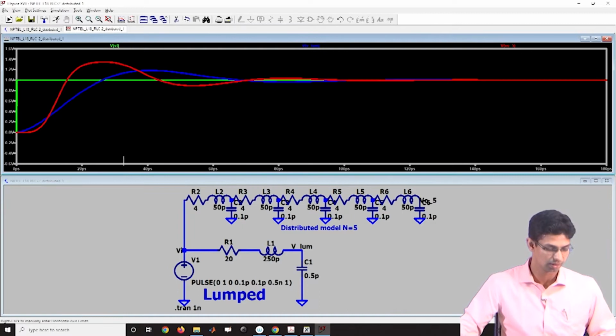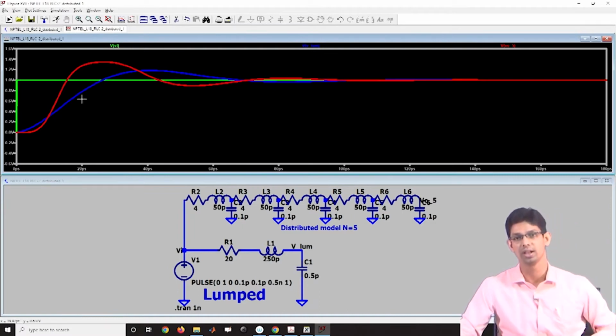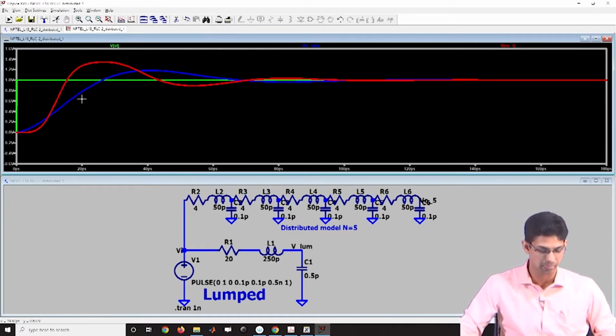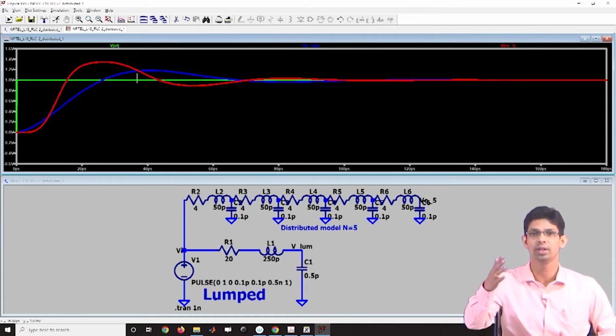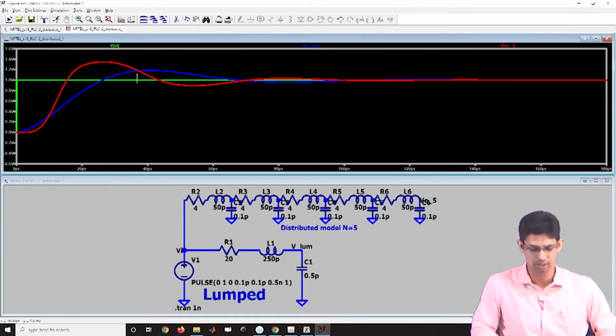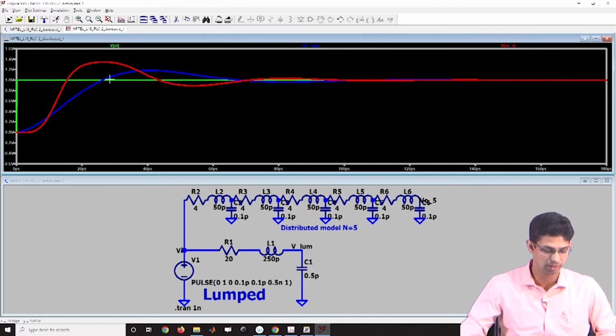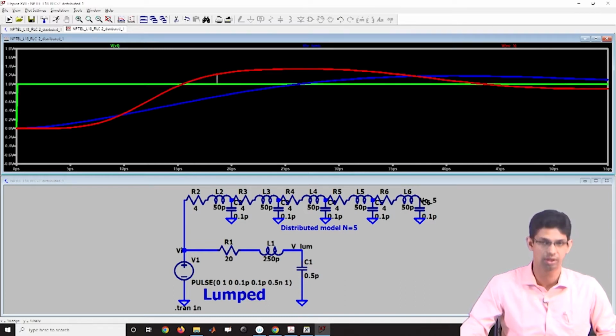So, here now you can see that just like the case of RC interconnect, my lumped model was overestimating my delay, but as the delay is reduced, my overshoot is also now more. So, this is with 5 elements, and I can see that there is a significant overshoot here.